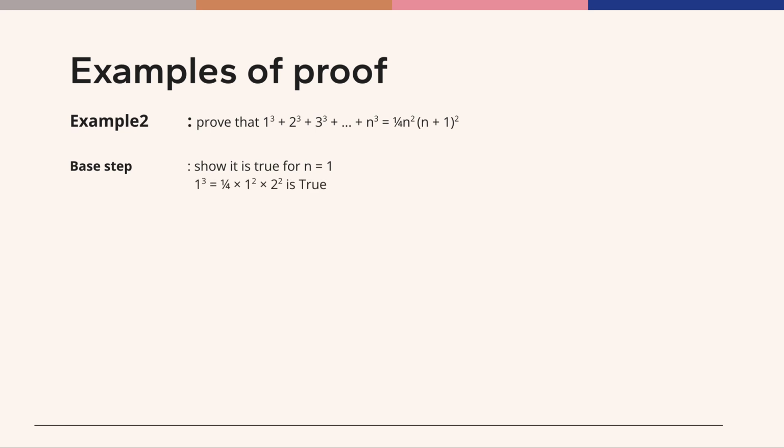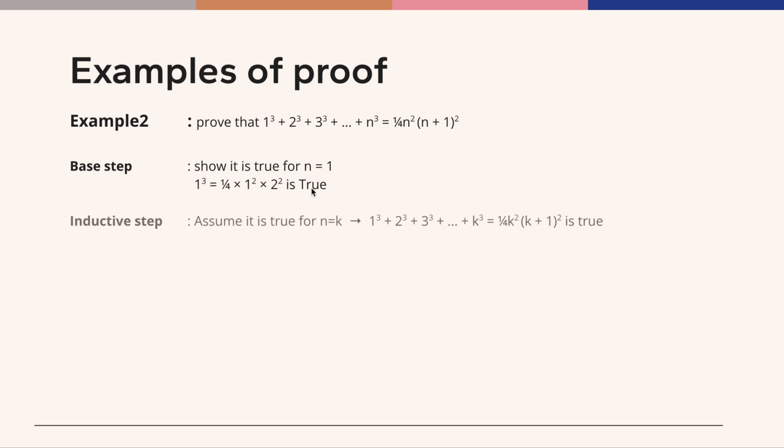So when we substitute the number in, we know that 2 squared is 4, multiplied by 1 is still 4. When it's divided by 4, we'll get 1, and this one is also 1. So these two are equal, and our case is true.